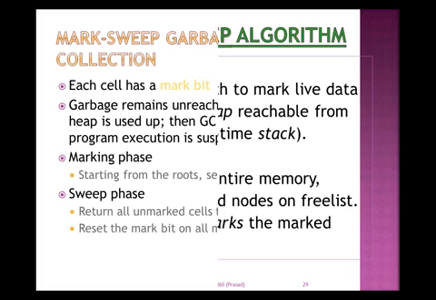Garbage means unreachable, that is, we cannot reach the content, and undetected until the heap is used up. Then GC, garbage collection, goes to work while program execution is suspended.